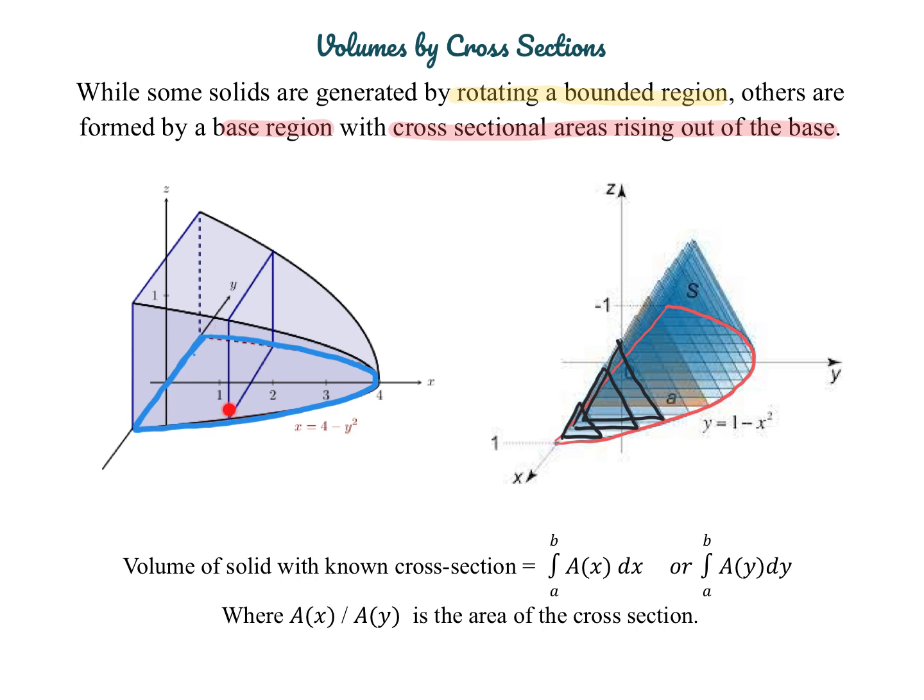Here you can see that we're sliding our cross sections along the x-axis, so we'd be integrating with respect to x. Same for this one. But sometimes we'll be sliding our cross-sections along the y-axis, in which case we would be integrating with respect to y. For these, you do need to be very careful about how you set up your integral and how you set your limits of integration.